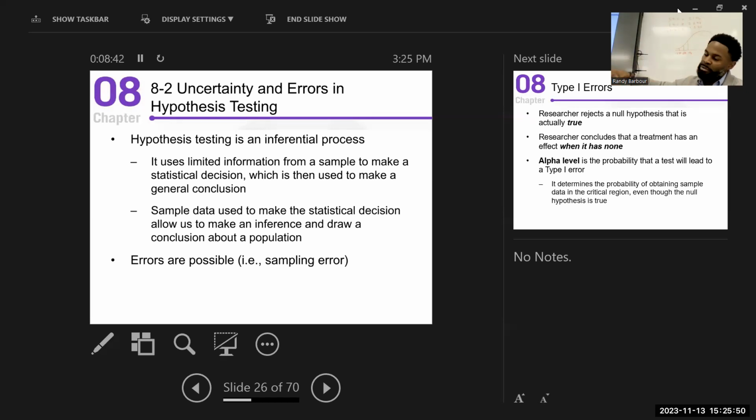Since you're not able to collect data on everyone in the population, there's going to be some room for error. So my sample is always going to be slightly different than the population mean or standard deviation, simply because I can't get all the information that I need. The error that we talk about is called the sampling error.